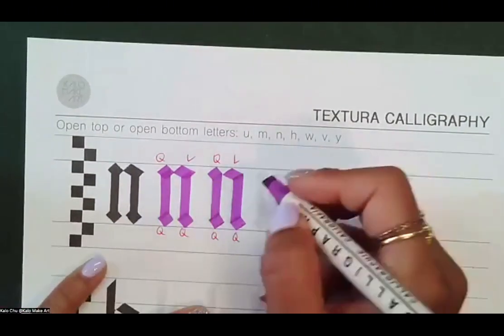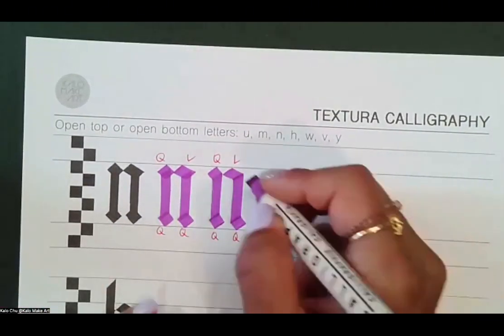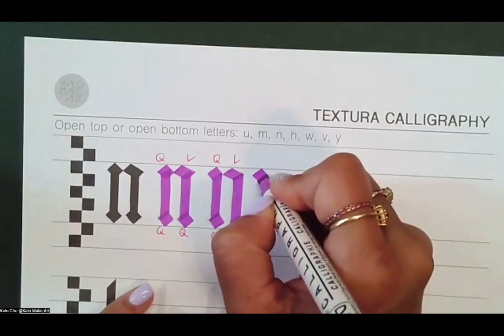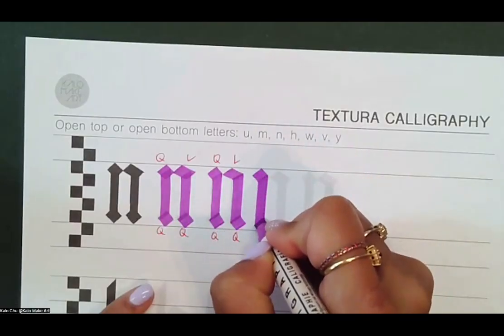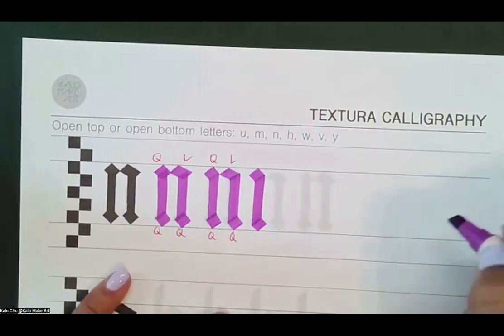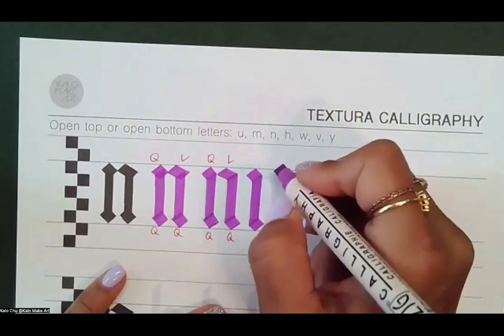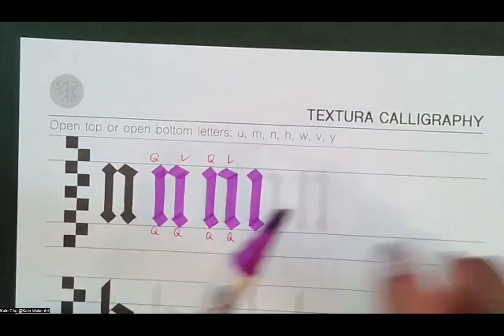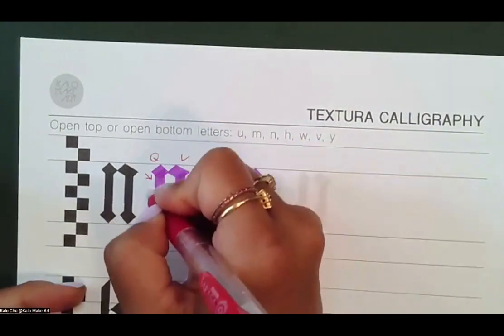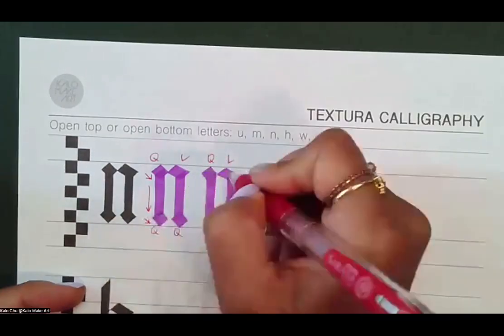But in the older times when monks had to write so many pages, they really just did it this way, which is a lot faster in a way. So you can try both techniques and see which one fits you better.